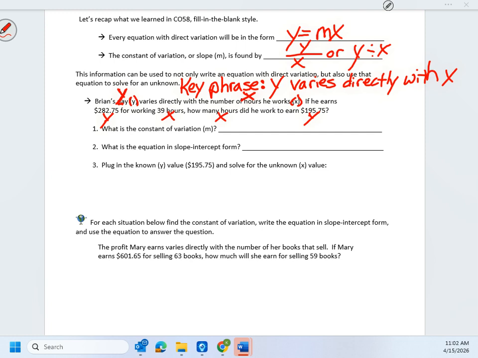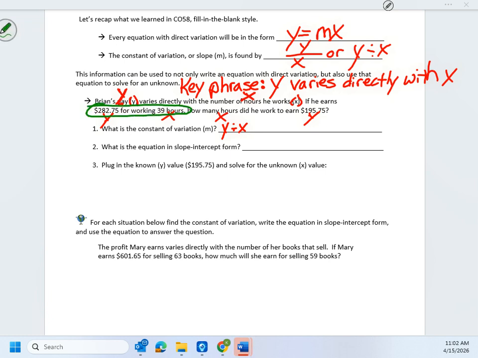Now, we're going to start filling stuff in. What is the constant of variation? The M, the slope. Remember, I find the slope by saying Y divided by X. Do I have a line on here that has numbers I'm going to use for Y divided by X? What am I given that I can use, Finley? 282.75.